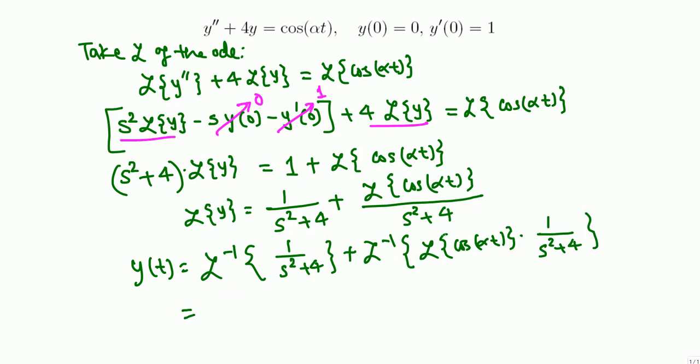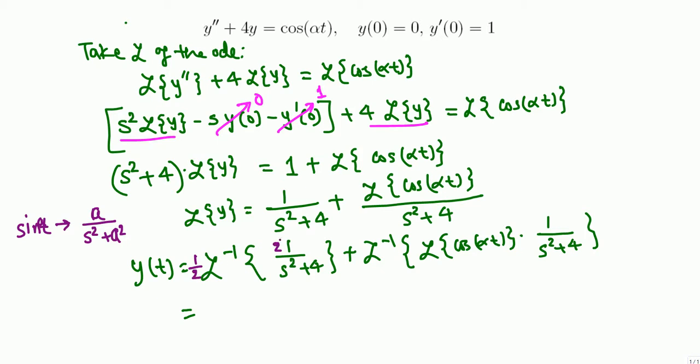We know the Laplace of sine t is 1 over s squared plus 1. If we have sine at, it is a over s squared plus a squared, so this is 2 squared, so we need 2 on the top, so why don't we multiply by 2 and divide by 2.